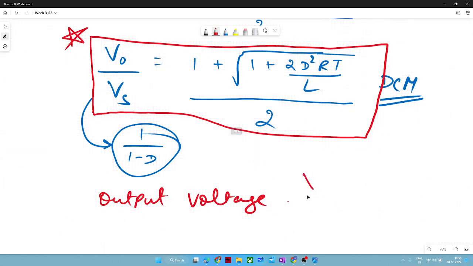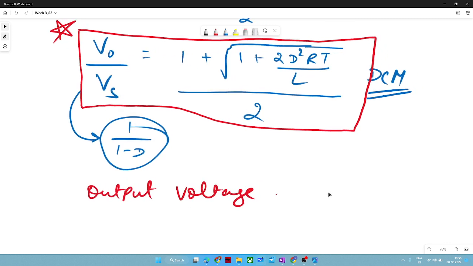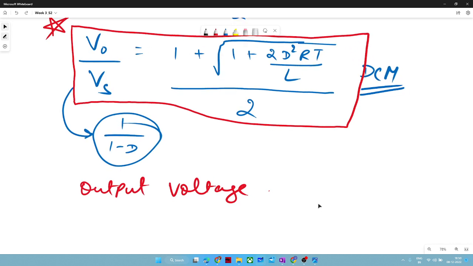Generally, I am not in favor of cramming up formulas, but sometimes you need to, because in exams it is not possible to remember everything. Generally I try to simplify all the things with the help of the switching function, but here I can't do much. So you need to remember it.